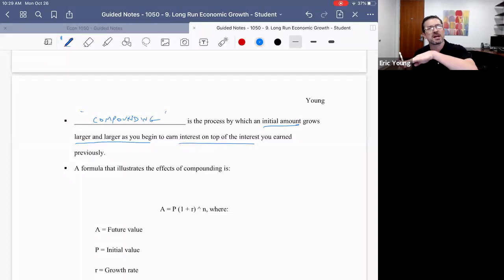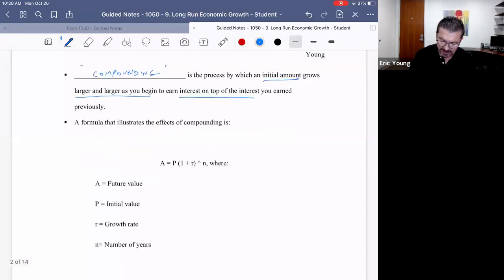So instead of straight linear growth, you get exponential, hockey stick upward growth. And it's that compounding effect, when applied to economic growth theory, that brings long-term benefits, even with small but steady growth rates.